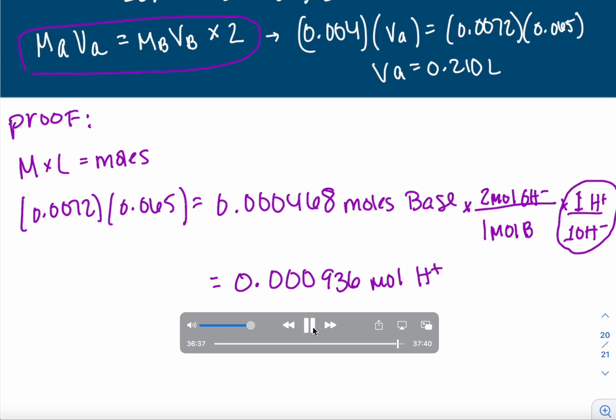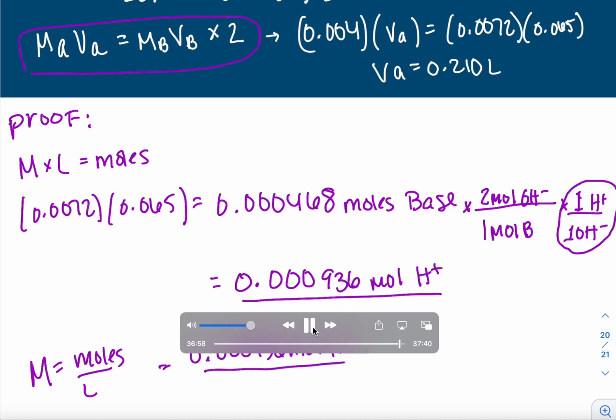So back to the problem. What we're going to do now is take this and figure out the liters. So we'll use our molarity formula. We have this many moles of H plus that we need over our liters equals this molarity.